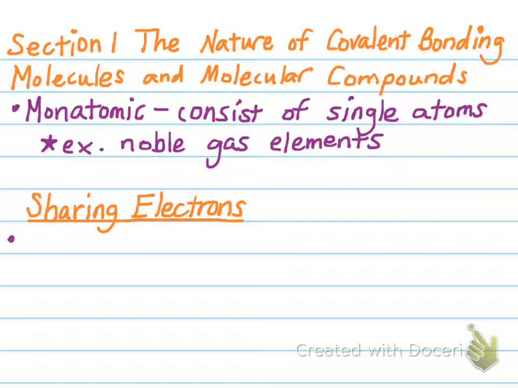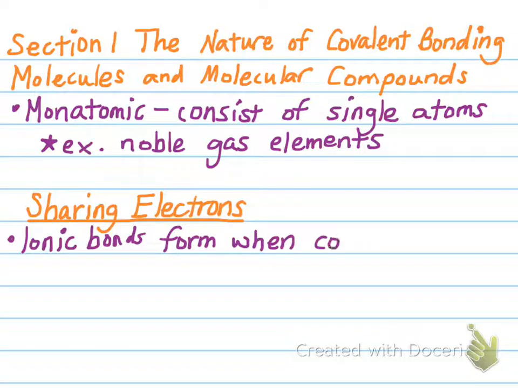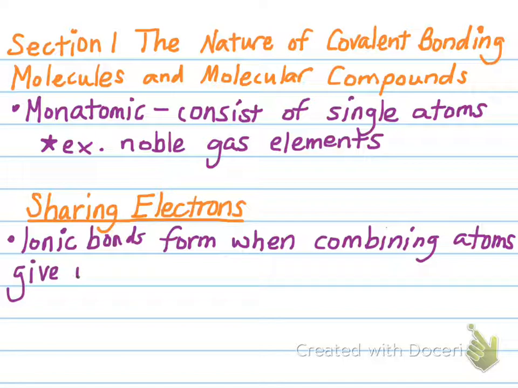So remember that ionic bonds form when the combining atoms give up and accept electrons. The cation is going to give up its electrons, typically a metal, and the anion is going to accept those electrons, typically a nonmetal.